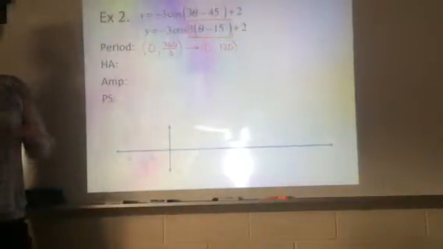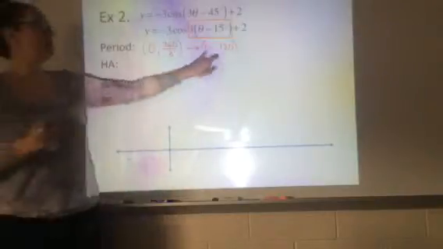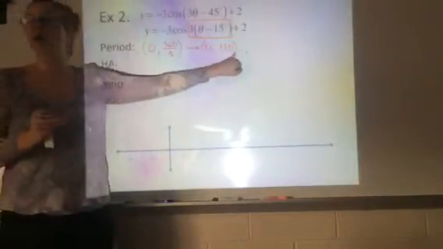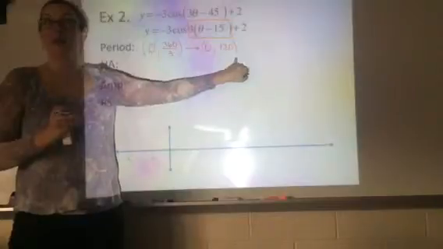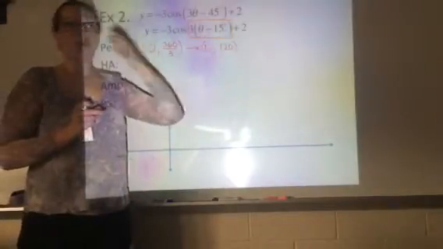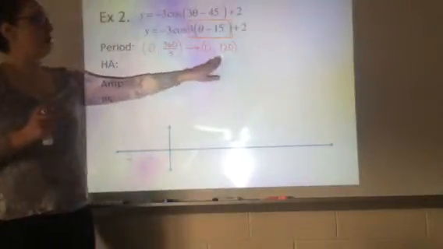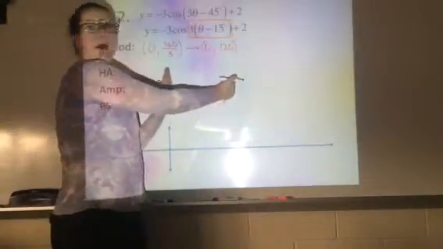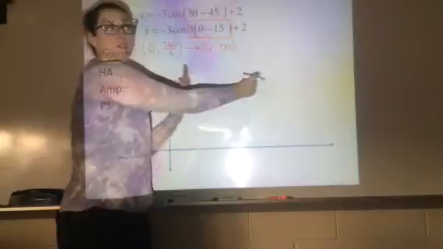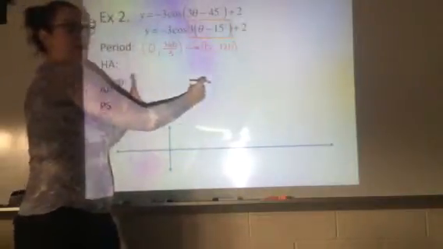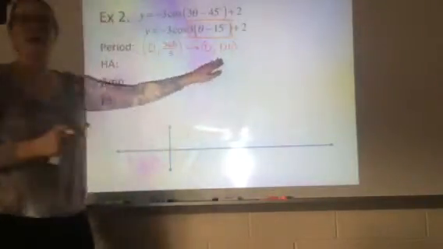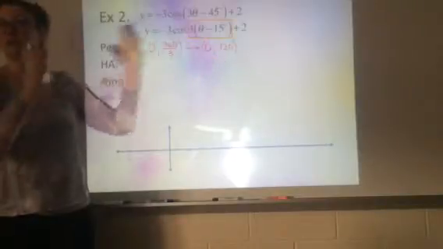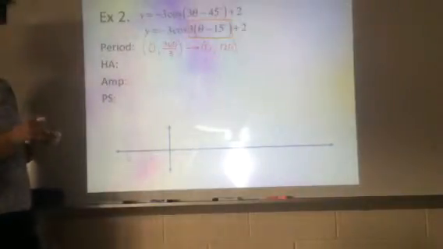Now, here's the key idea with this. This does not mean my graph starts at 0 and goes to 120. That's what you learned yesterday when we were introducing the concept. But what it means is that from start to finish, my graph occupies 120 total degrees, wherever it's located left to right. So keep that in mind. 120 degrees is how much of the graph it takes up, how big it is.